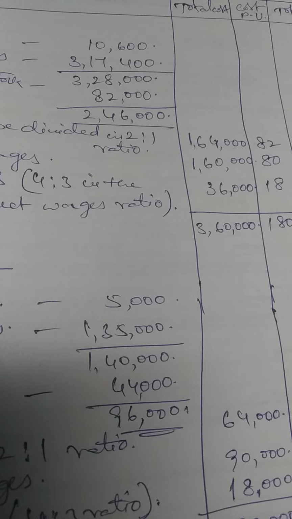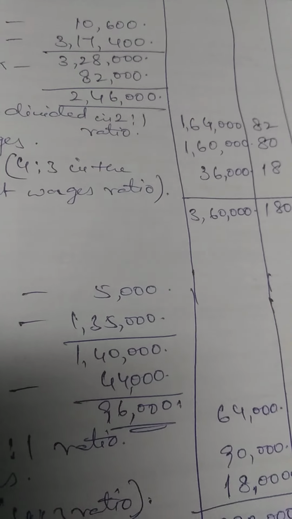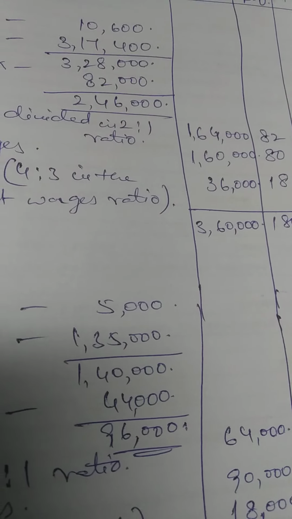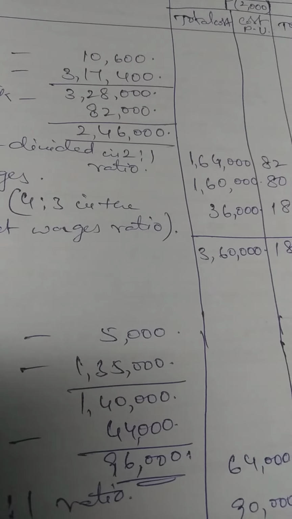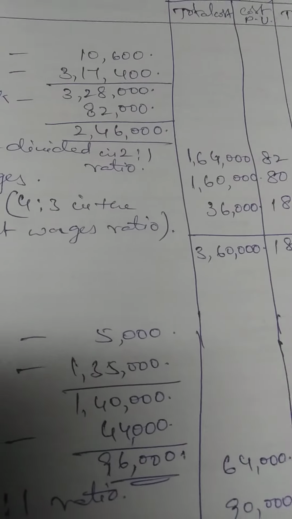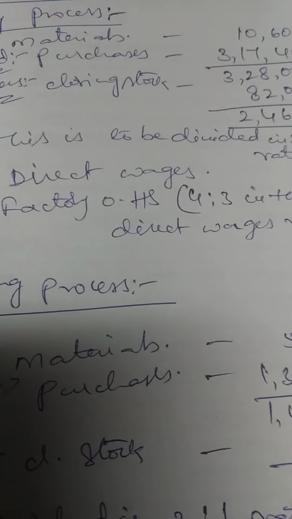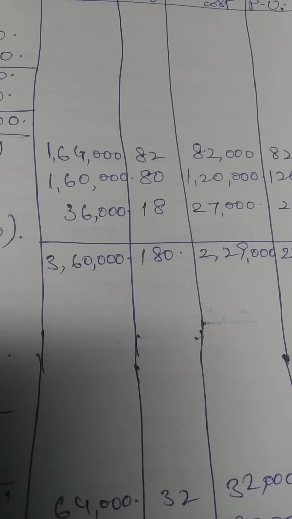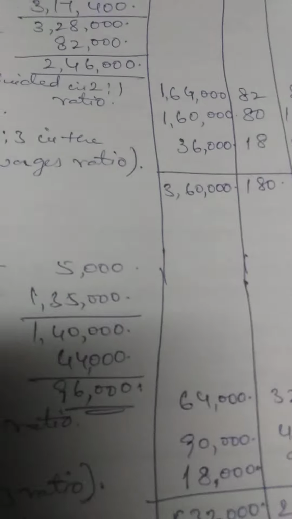So here in this particular product P, direct labor is 1,60,000 and for Q 1,20,000. So this factory overhead of rupees 63,000 is to be allocated in 1,60,000 is to 1,20,000, means that comes to 4:3. So factory overheads in the direct wages ratio 4:3, that comes to 36,000 and 27,000. So you need to make a total up to this process.